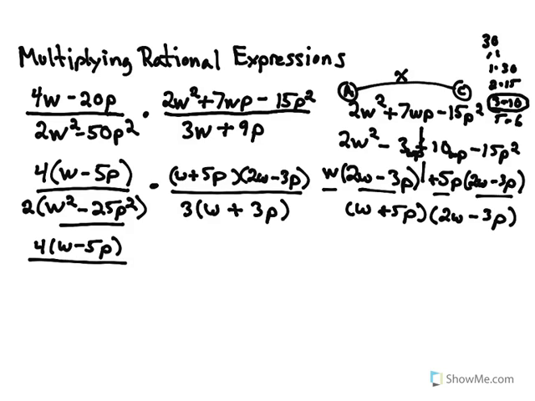Okay, I'm just rewriting the fraction here. Okay, and we're going to factor that as the difference of two perfect squares. So w times w gives me w squared, and then of course we have 5p times 5p gives me 25p squared. One has to be minus, one has to be plus, and then everything else is factored.